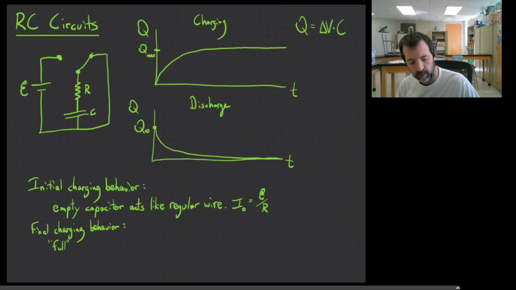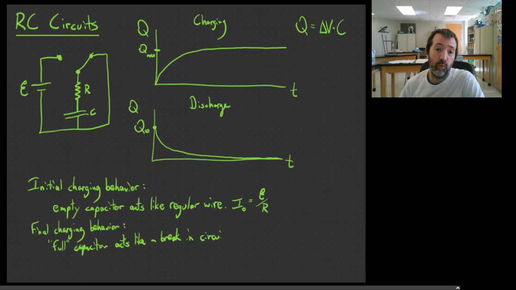I'm going to put full in quotes because the meaning of full depends on the voltage applied, not just on the capacitance of the capacitor, but it's reached its maximum state. That full capacitor acts like a break in the circuit, or a gap, or an open switch. So basically current can't flow because there's a break in the circuit. That's why the current goes to zero.